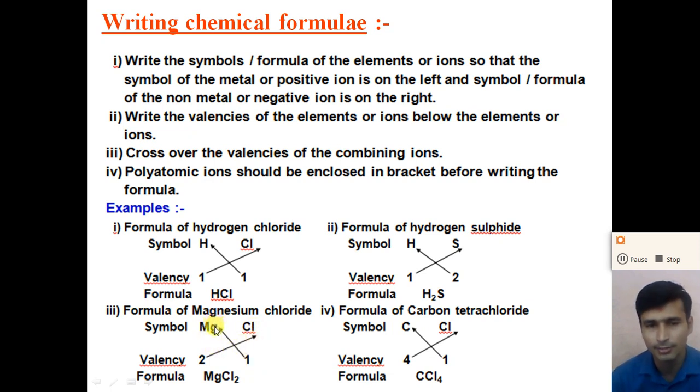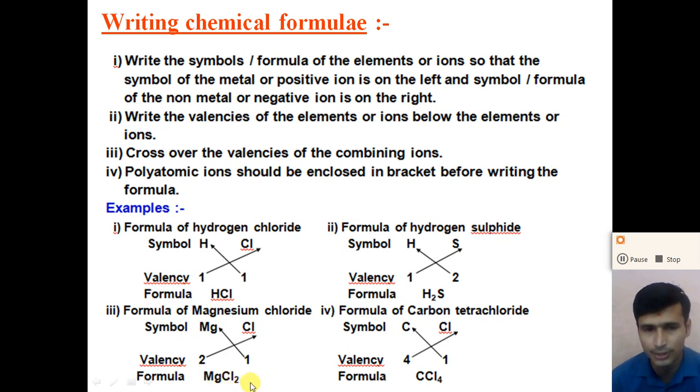The valency of chloride is combined with magnesium, so we write only Mg because chlorine has a valency of 1. But the valency of magnesium, which is 2, is combined with chlorine, so we write the formula. The chemical formula of magnesium chloride is MgCl2.